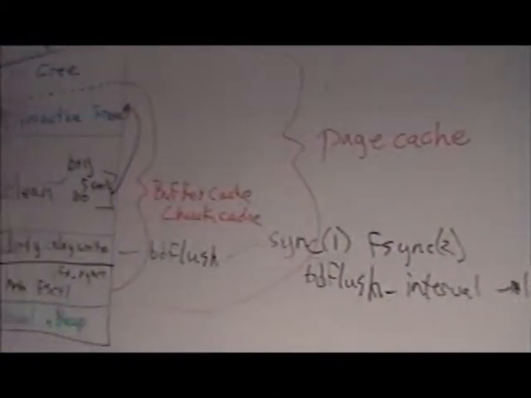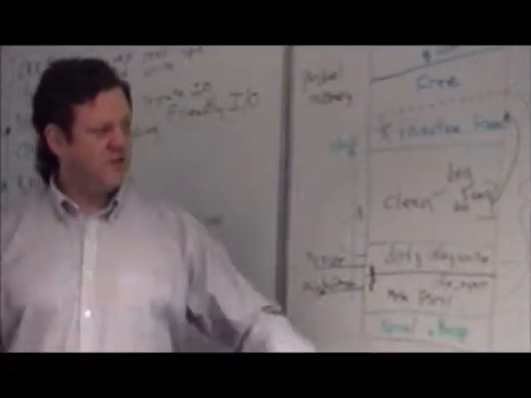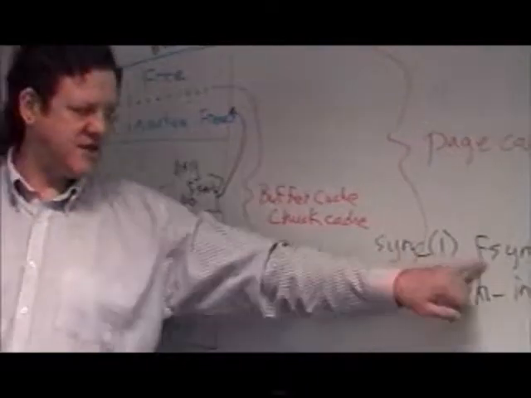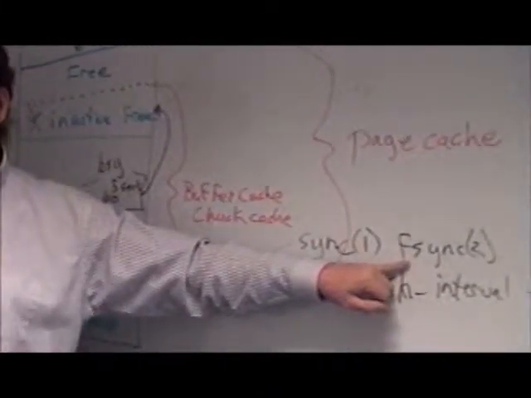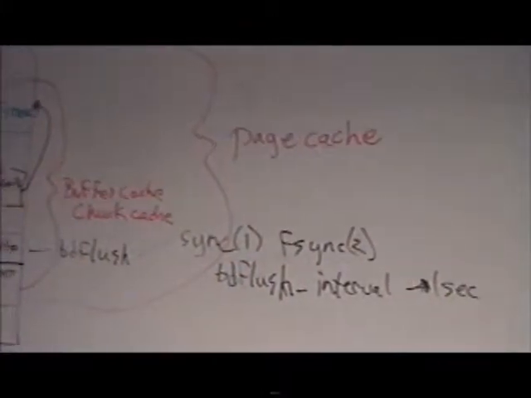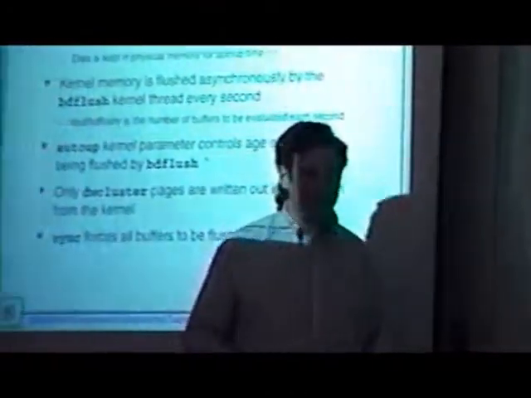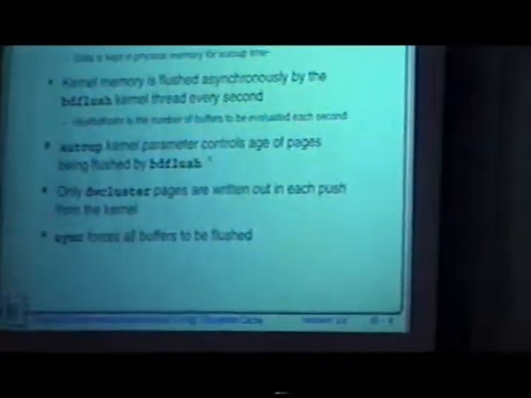They do it every second. So BD flush interval is saying how often do I wake up and sync my data, flush my data to disk. The next one that's mentioned here is something called BD flush R. BD flush R says what ratio do I look at?